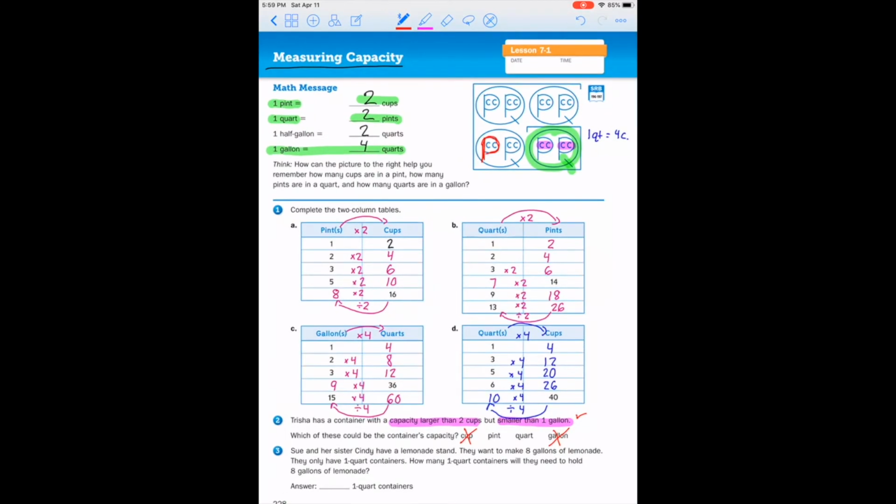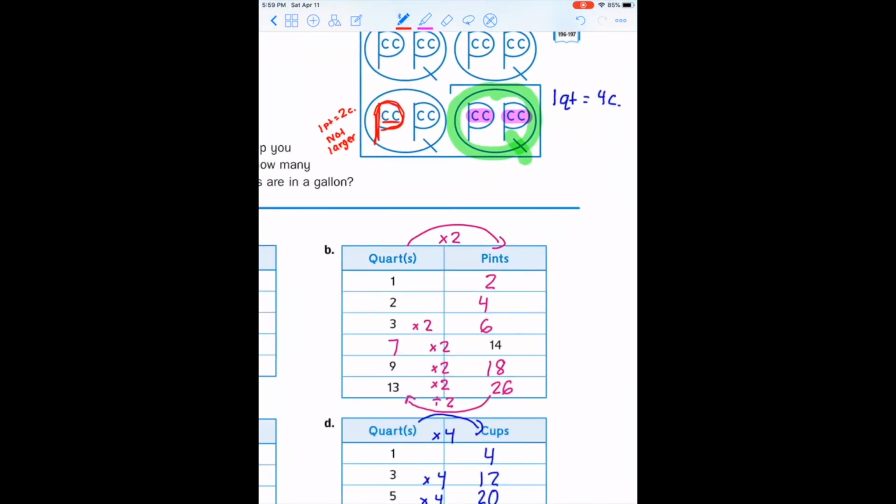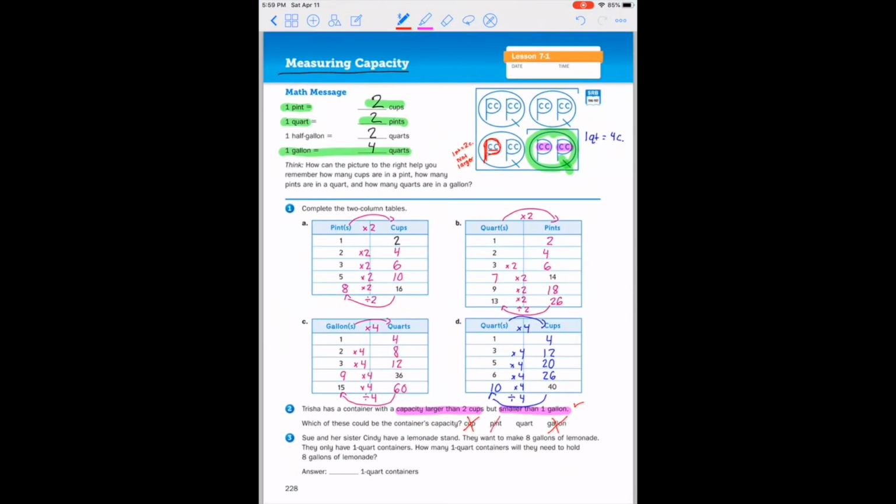And as you can see, it is not, because it's equal to 2 cups. So 1 pint is equal to 2 cups, not larger. So it can't be a pint.